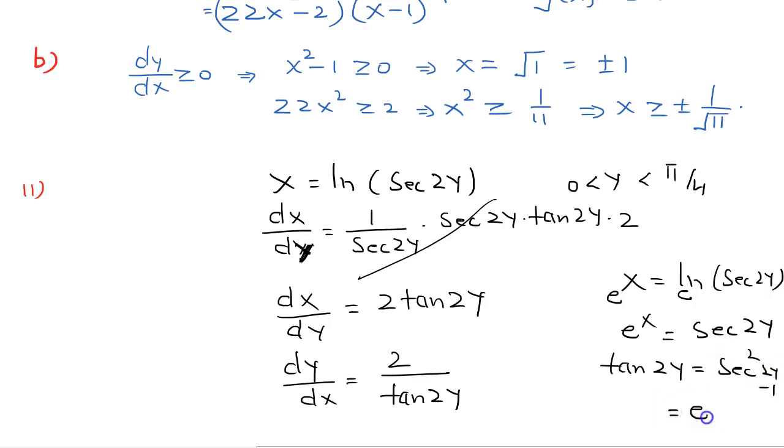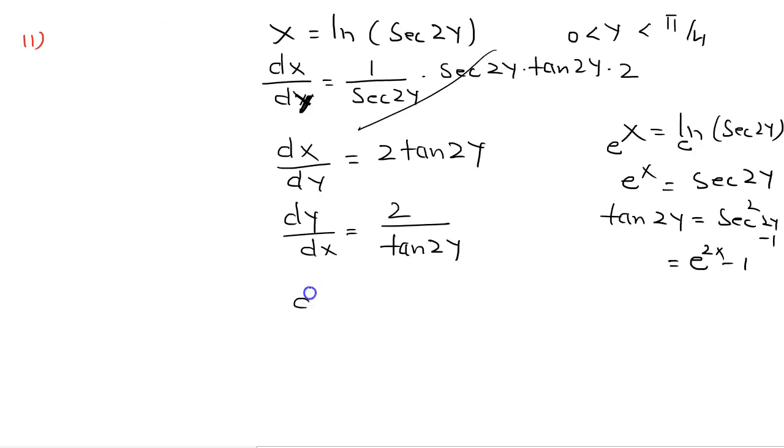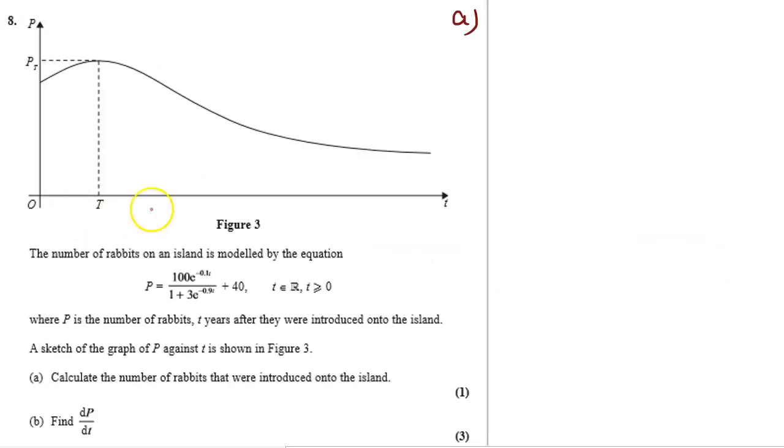So that is root of e to the power 2x minus 1. So dy over dx will be 1 over 2 root e to the power 2x minus 1. So that will be the answer of dy over dx.